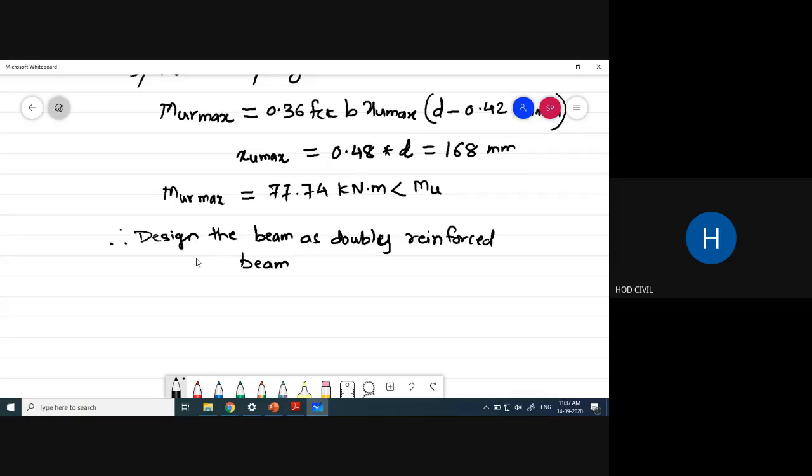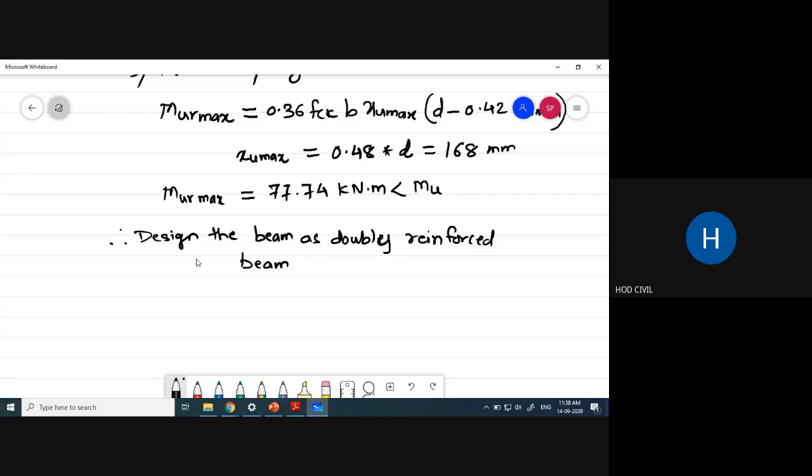As I discussed earlier, in case of a doubly reinforced section, when we consider the same section divided into two sections, section 1 and section 2, the first section we deal with as a balanced section. So here we have already calculated the Mu R max value. This value we will consider as Mu1.